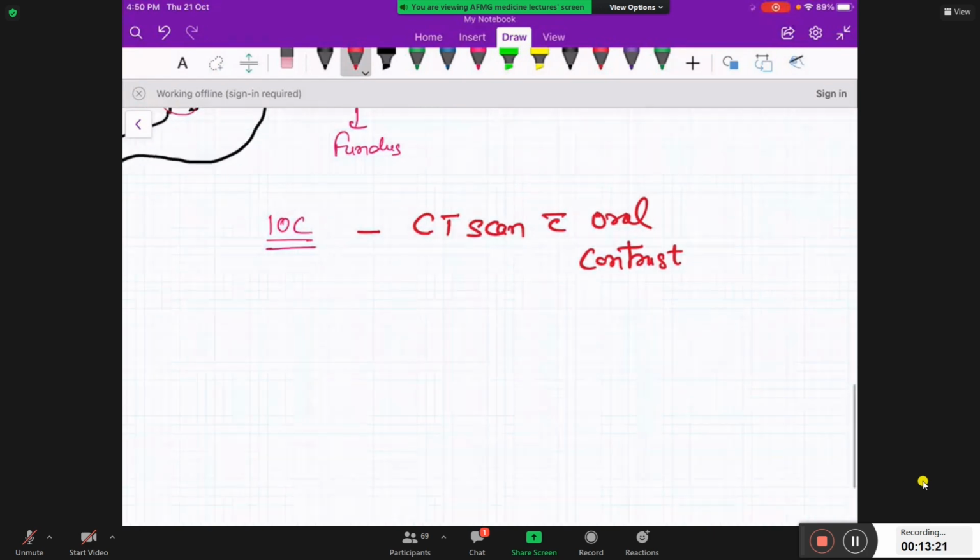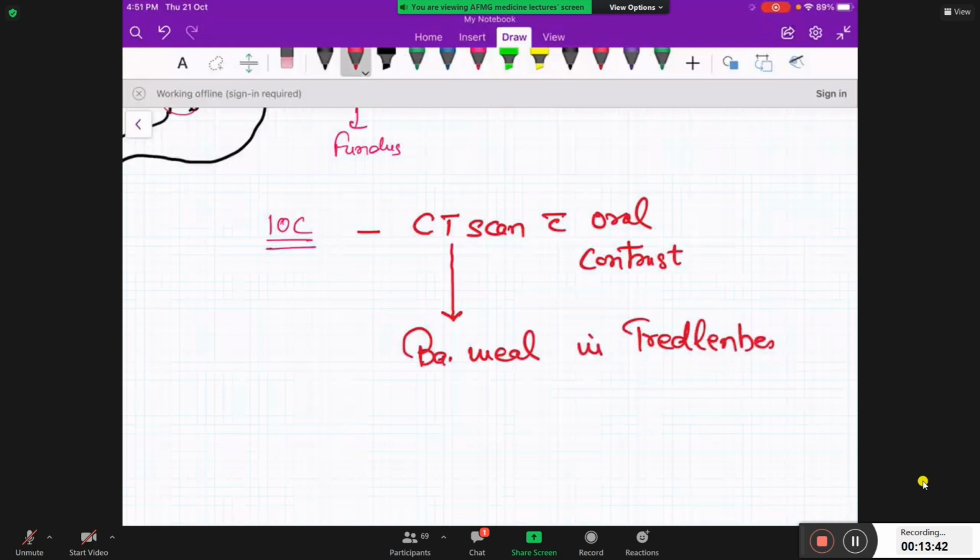If CT scan with oral contrast is not there in your choice, if by any chance in your given question CT scan is there but with oral contrast is not there, then it won't be the answer. So what will then be the answer?